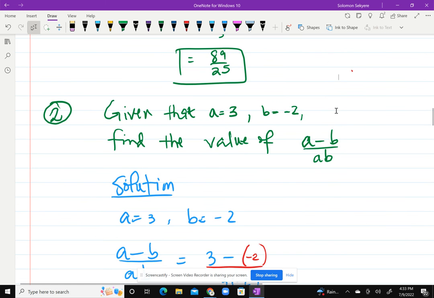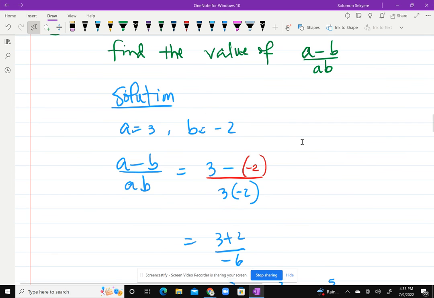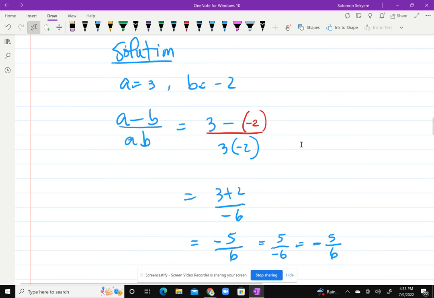Okay, let's do another one. Given A equals 3 and B equals negative 2, find the value of A minus B over A times B. Be careful here when you're putting in your values. A is 3, minus, and then B is negative 2. So it becomes 3 minus parentheses negative 2 over 3 times negative 2.